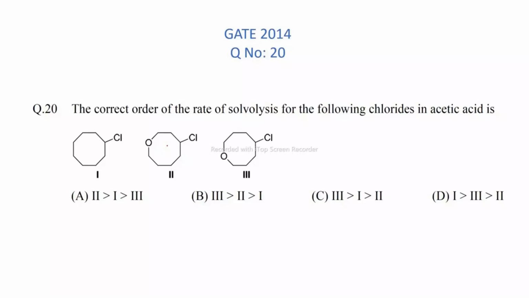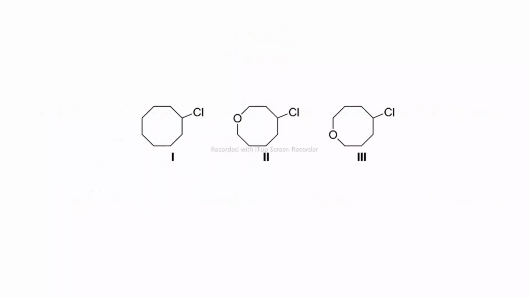We have to find the rate of solvolysis in acetic acid. First, what is a solvolysis reaction? It is one type of SN1 reaction. So what is SN1? Substitution unimolecular reaction.